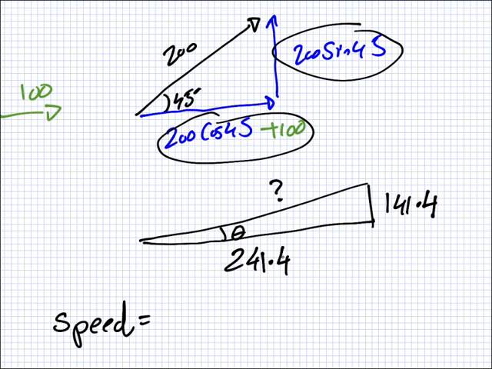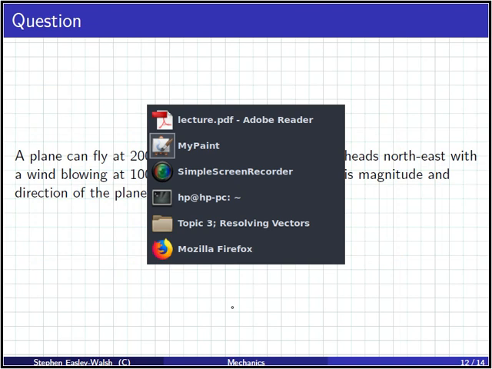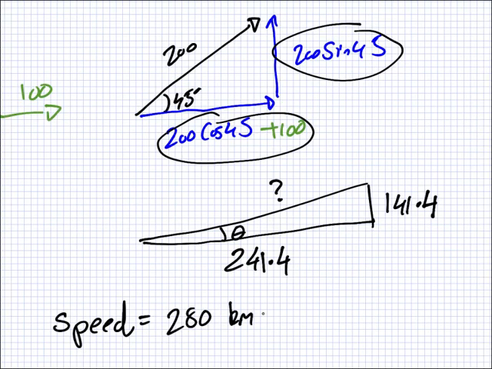So what did you get? 280. Meters per second? No, kilometers per hour. And then the angle? Not quite northeast. It'll be less than 45 now. So it'll be tan inverse of this over this. What do you get?